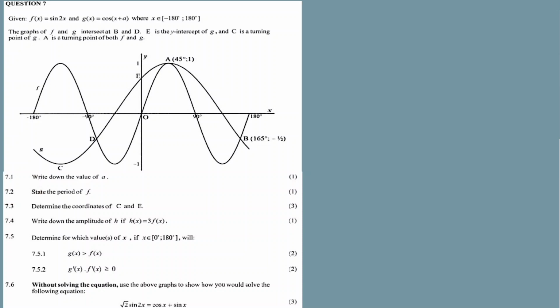Here they give us two functions, f and g, f being the sine function and g being the cosine function, for the domain negative 180 to 180 degrees.